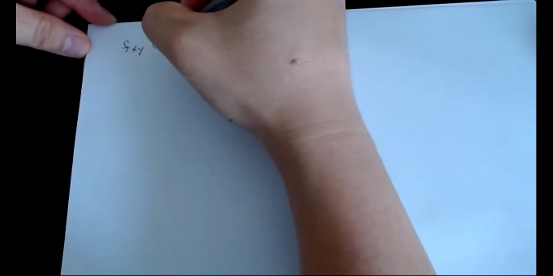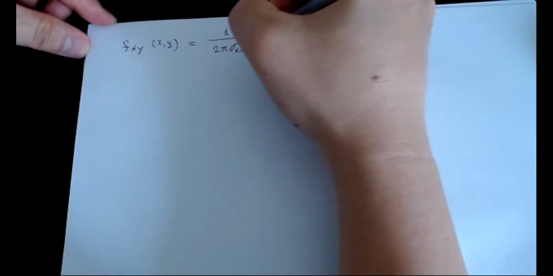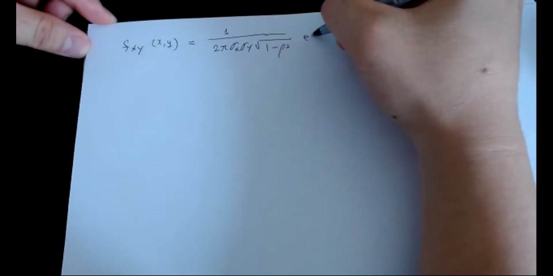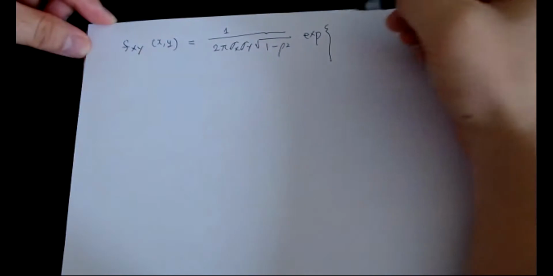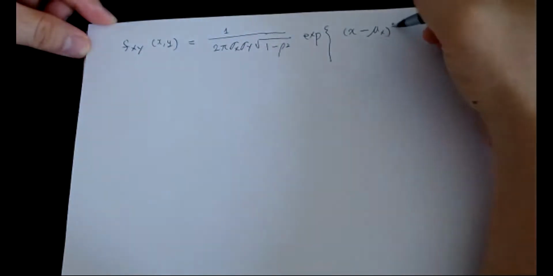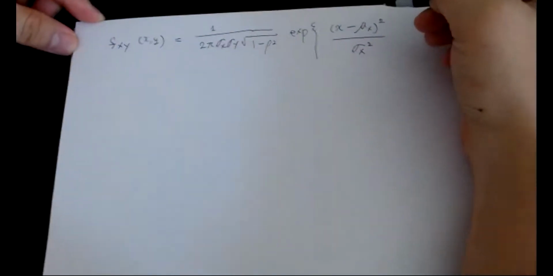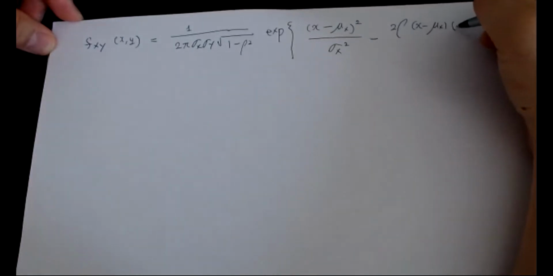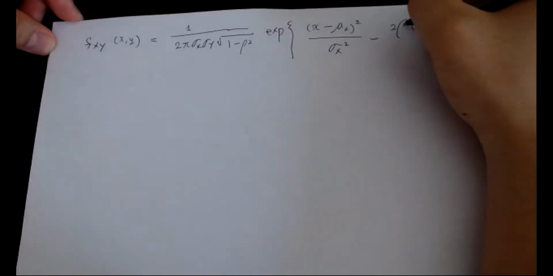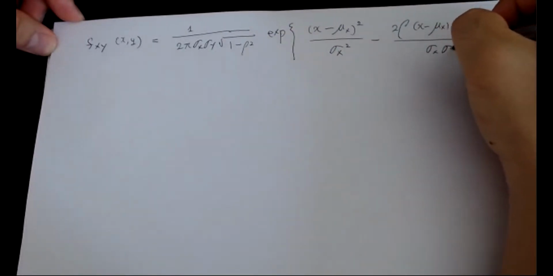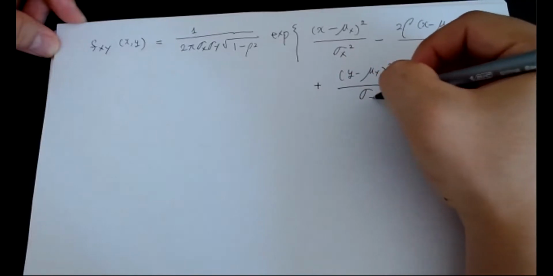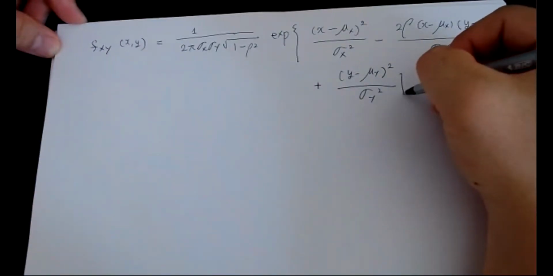That is going to be 1 over 2 pi sigma x sigma y square root of 1 minus rho square, times e to the exp of, x minus mu x squared over sigma x squared, I mean variance, minus 2 rho times x minus mu x times y minus mu y over sigma x sigma y, plus y minus mu y squared over sigma y squared.